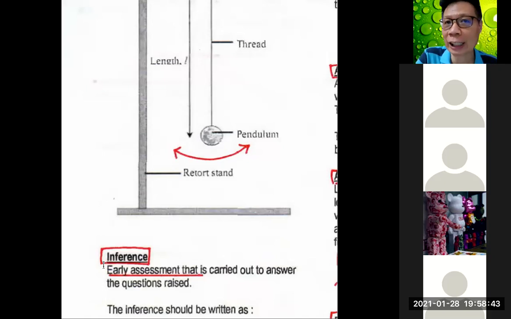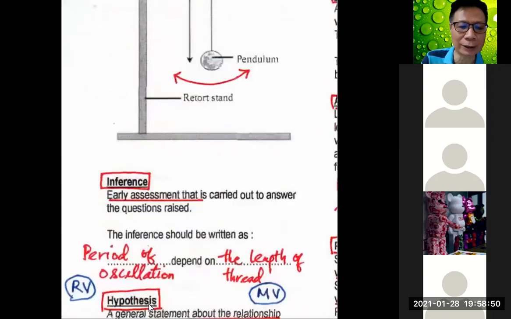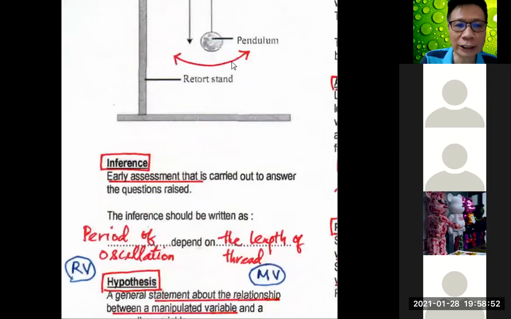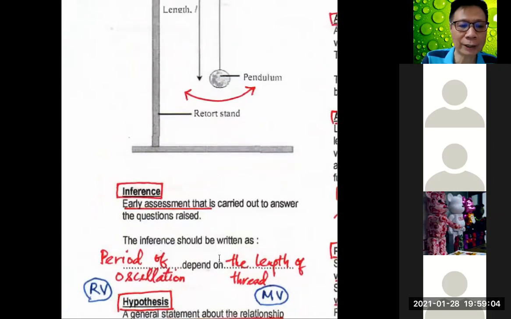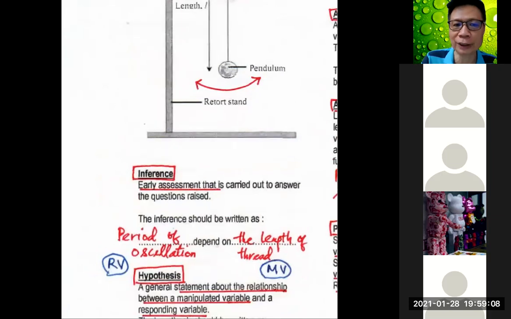Okay, early assessment. So now to write inference, the format is like this. Please copy down the answer. For this experiment, you write: periods of oscillation depends on the length of the thread. That is a way to write inference. Periods of oscillation depends on the length of the thread.